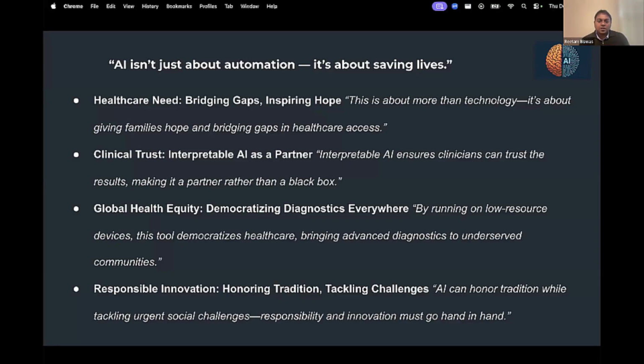It's more about building interpretable AI as a partner. And when we talk about global health equity, we need to make sure it's reachable to everyone, including underserved communities across low resource areas globally. And of course, the innovation should go hand in hand with honoring the traditional systems we have right now.